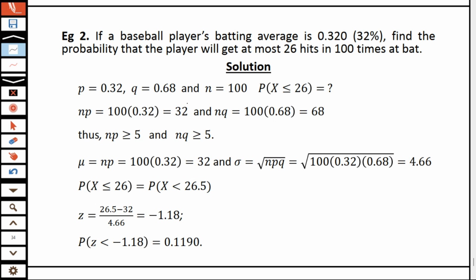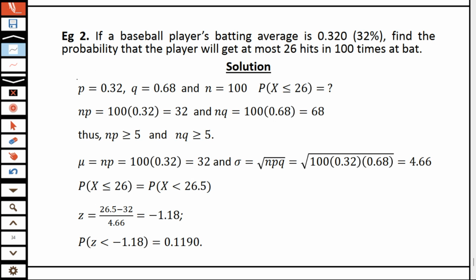So our last question is, if a baseball player's batting average is 0.320, that's 32%, find the probability that the player will get at most 26 hits in 100 times at bat.